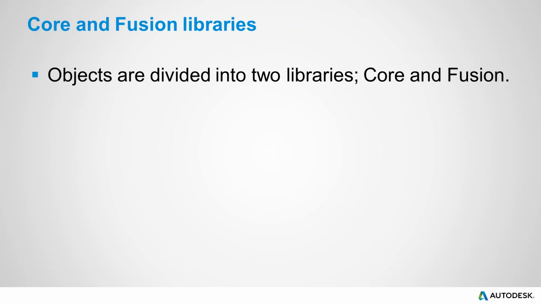And so it was separated into core, and then the Fusion specific functionality is in the Fusion library. And then the idea was, well, in the future there would be a CAM library, and all these other libraries would just be built on top of core. And so that's still somewhat true today. As a user, it's not always logical what would be in core and what would be in Fusion.